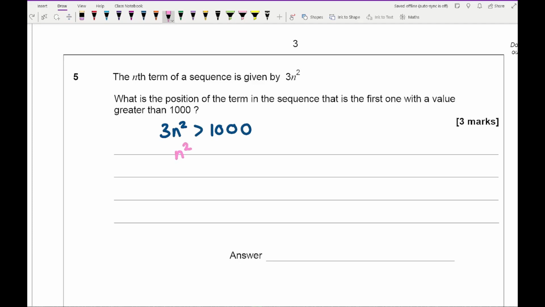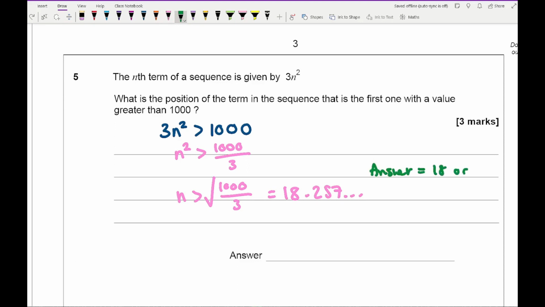So here I've got n squared is greater than 1000 divided by 3, and then I've got n is greater than the square root of 1000 over 3, which if I type into my calculator, I get an answer of 18.257. Now here, the answer is going to be 18 or 19.